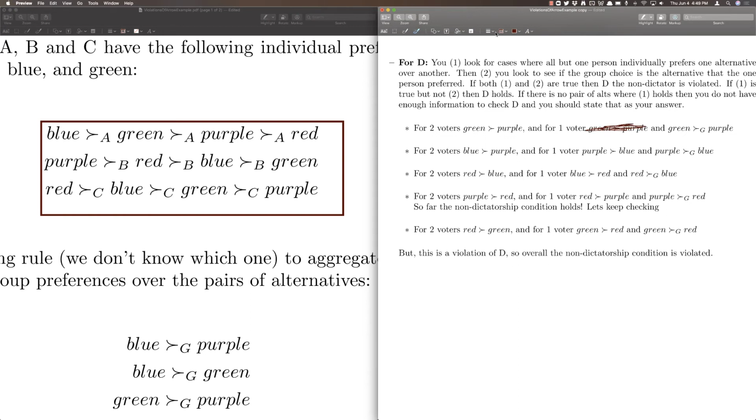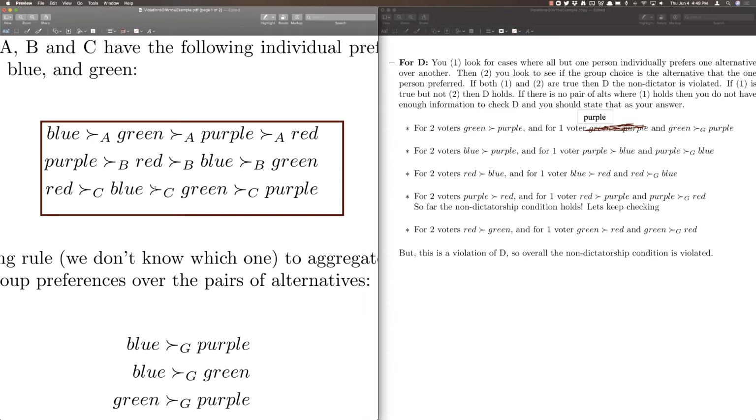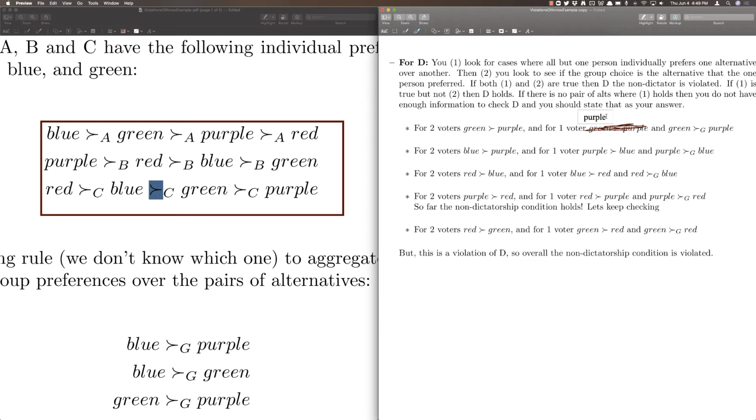And so this person prefers, give me a text box. Purple. Purple is preferred. Let's see if it'll let me copy this thing. It may not like that. Yeah, it does. Purple to green.